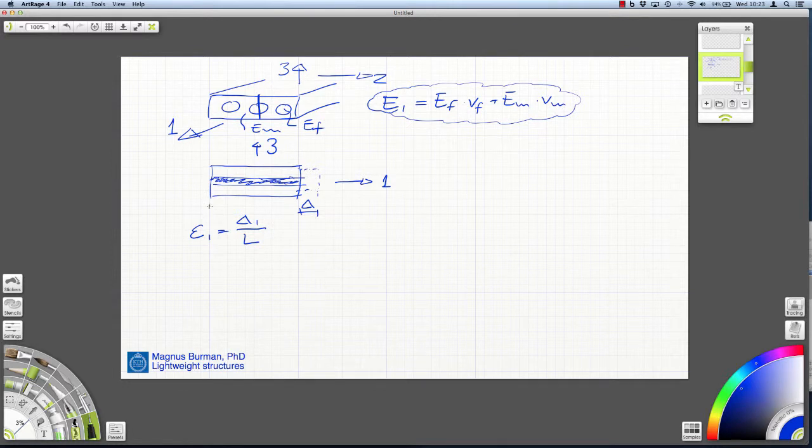So we have some length of this cell like this. But we can also see that if we assume that it deforms equally in parallel, then the strain in the one direction is the strain in the fiber, as is the strain in the matrix. So this is the most important assumption in this derivation.